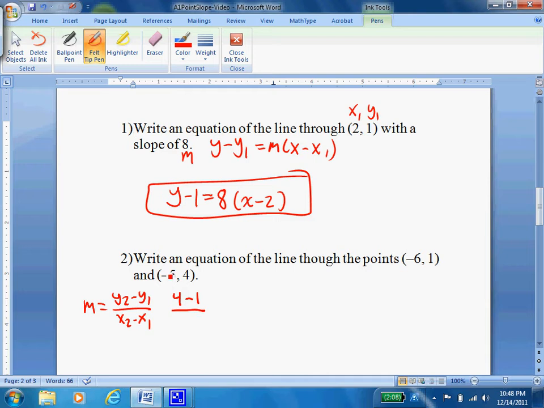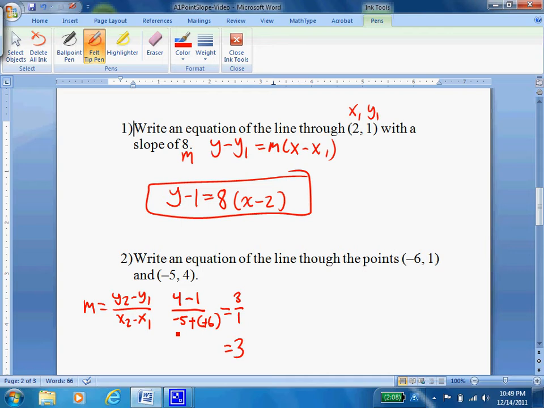And then I'll take negative 5, which is my second x, and subtract negative 6, which is my first x. The double negative is going to make it addition. So my slope's going to be 3 over 1, or 3. So there's m.